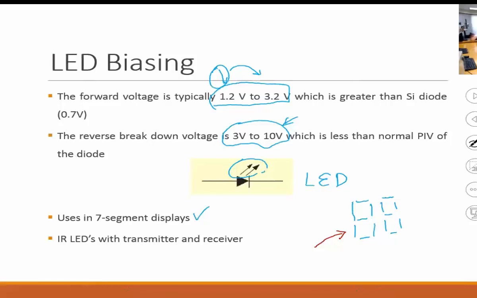For example, if I light this, what number am I forming? That's a 7. If I light these LEDs, that's a 2, correct? This is also the same method that you see on your multimeters, not on the LVS, but the actual multimeters. If you have one, you can take a look at it and see exactly the same pattern.